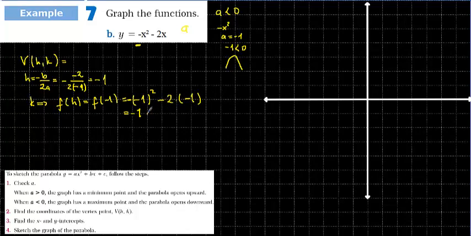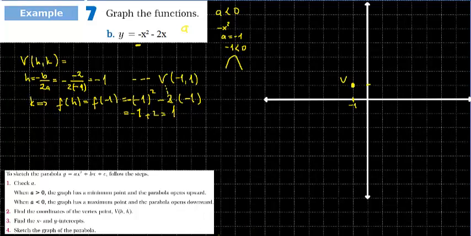Then minus 2 times minus 1 is equal to plus 2, so the last part is equal to 1. So the vertex point is equal to (minus 1, 1). Minus 1 is here, and the 1 is here, so the vertex point is going to be here.